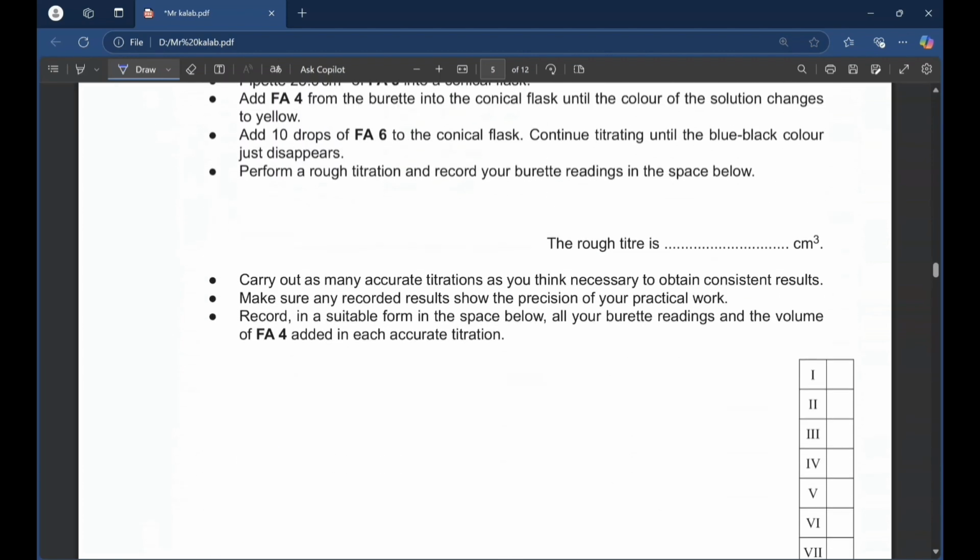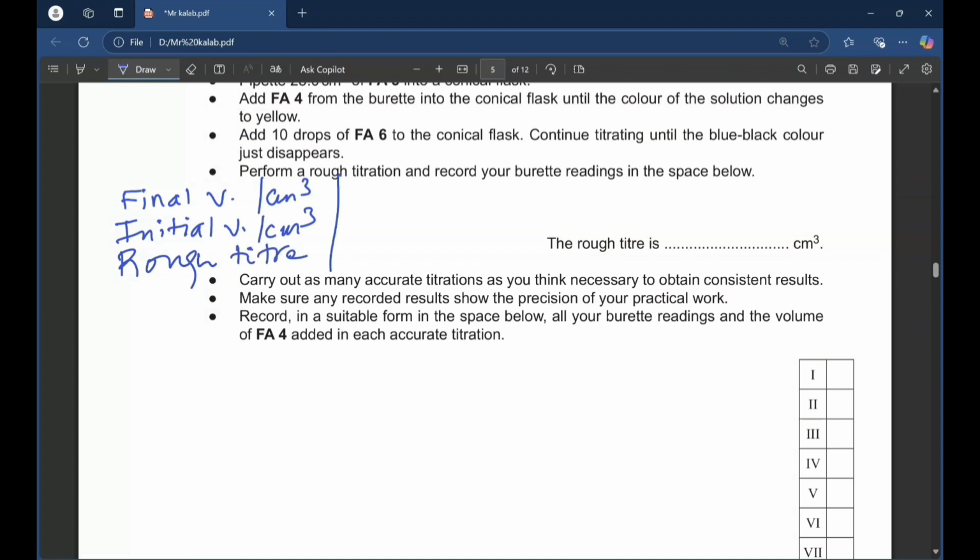So the first thing we need to do is draw a table to record our volumes for the rough titration. What we need to do is have our final volume in cm³, initial volume in cm³, and then rough titer in cm³, of course.